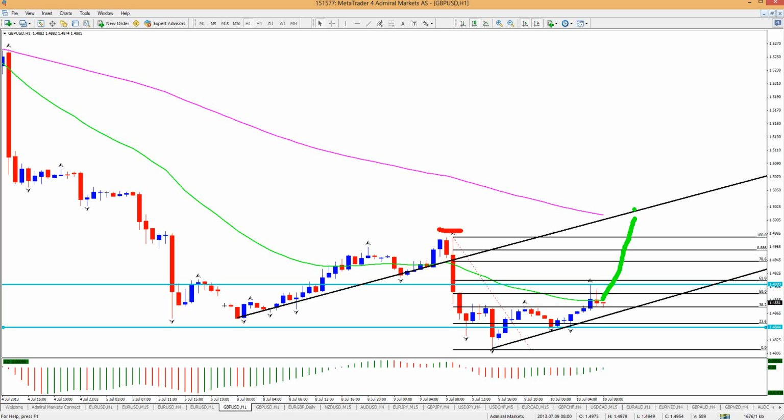So that 149.90-ish here is definitely a key level. So that's the safest stop loss, to be honest. That's the stop loss I have for this 50 fib on my other account.